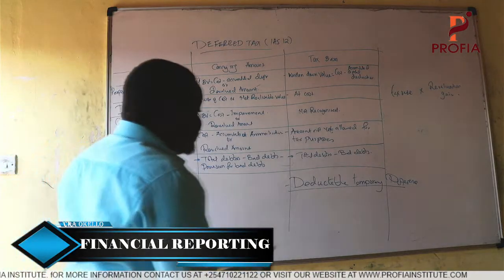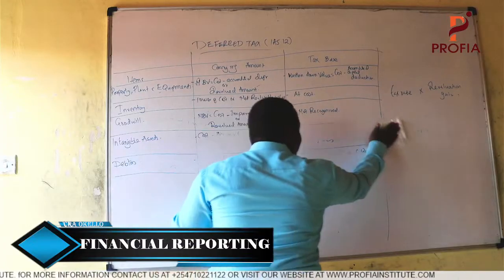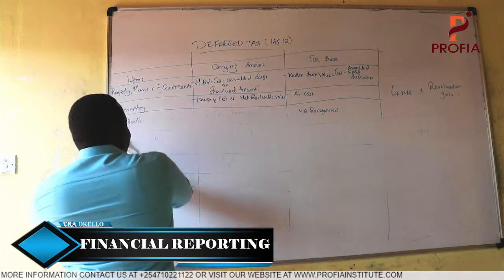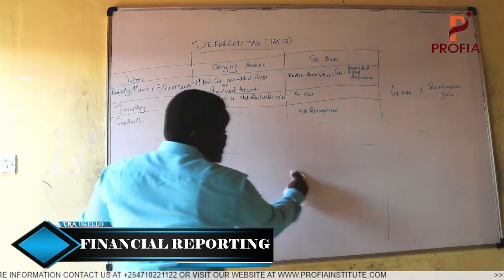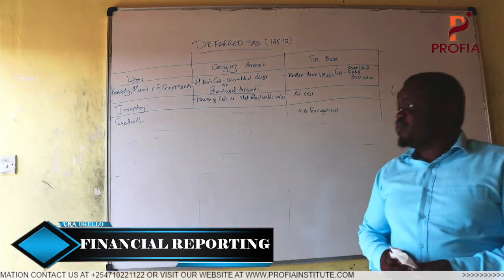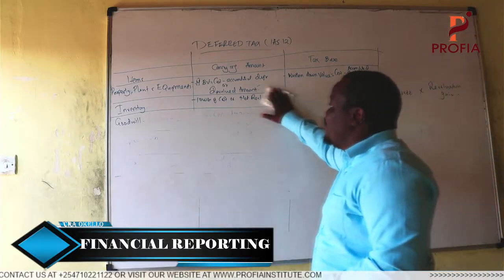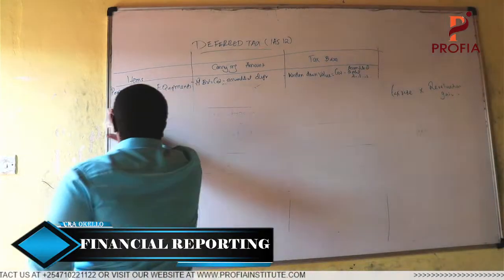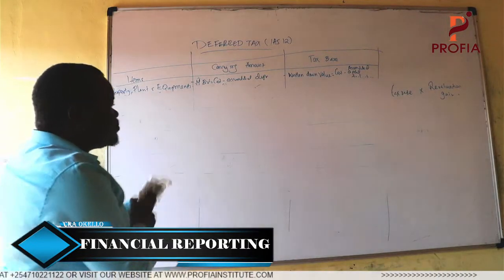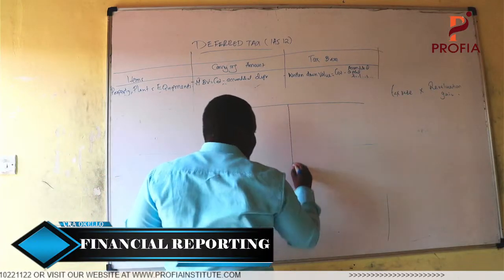I want us to draw something so next time when we meet, we are simply meeting to do questions. Deferred tax was there last sitting. Ensure by next class you have your past papers in financial reporting because I will be referring to them. I just want us to draw this.